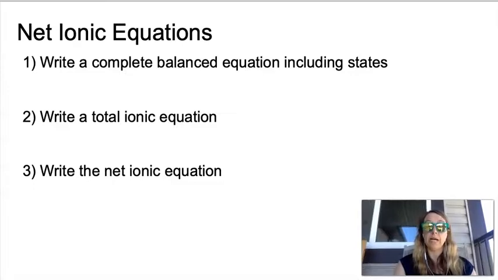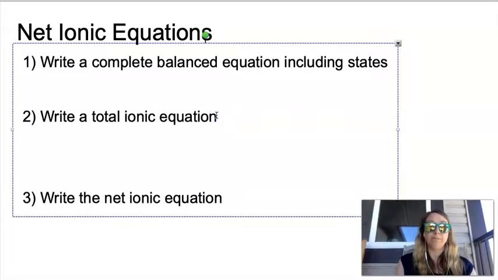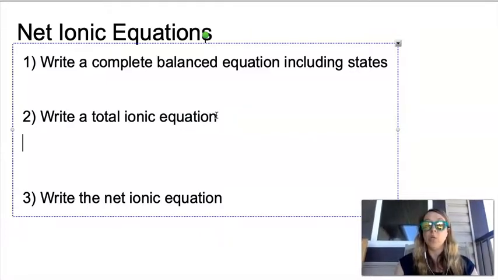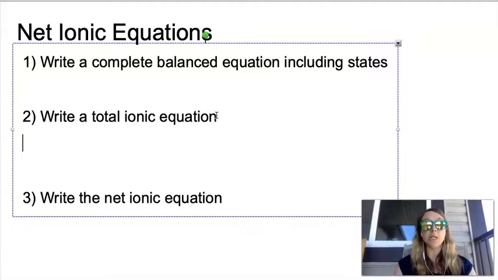So next step is to write a total ionic equation. When we write a total ionic equation, we're going to break things apart. Why we're going to do that: if you think back to when we were in the solutions unit, we talked about how ionic compounds dissociate.